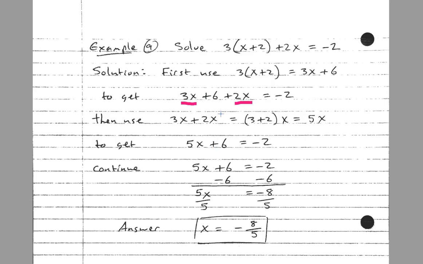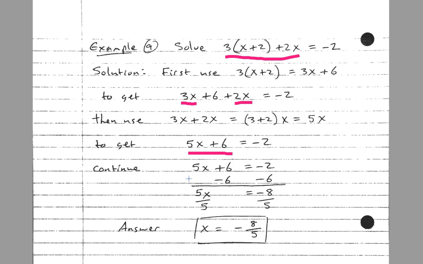And we still have the 6. These two extra steps here are this distributing and then combining the linear terms. So we get 5x plus 6. We've just been working on the left side.